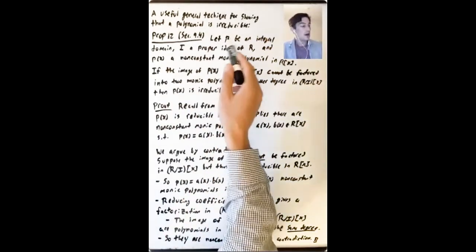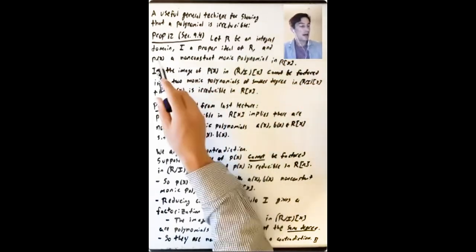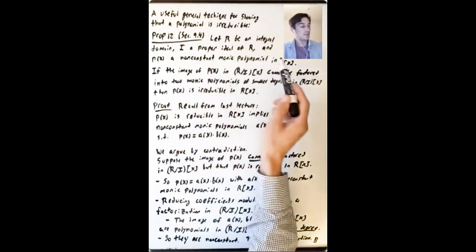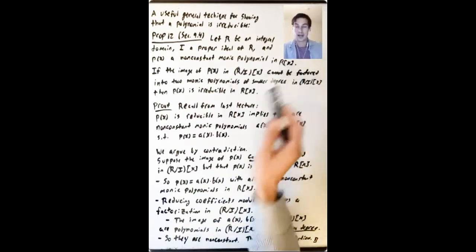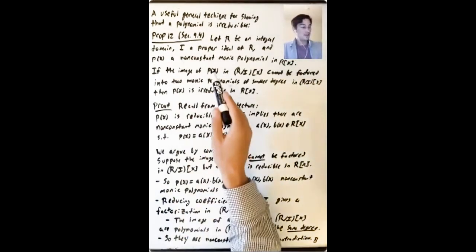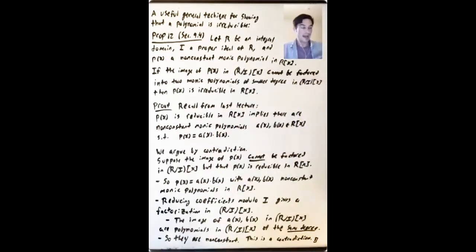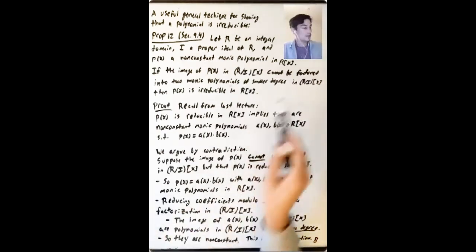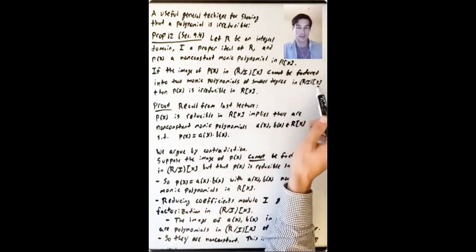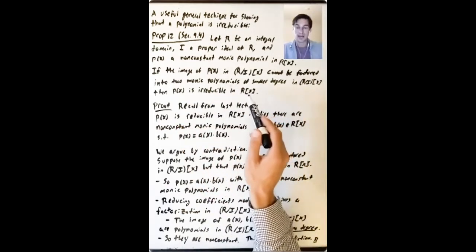Let's say that R is an integral domain, I is a proper ideal of R, and P of x is a non-constant monic polynomial in R[x]. If the image of P of x in (R mod I)[x] cannot be factored into two monic polynomials of smaller degree in this ring, then P of x is irreducible in R[x].